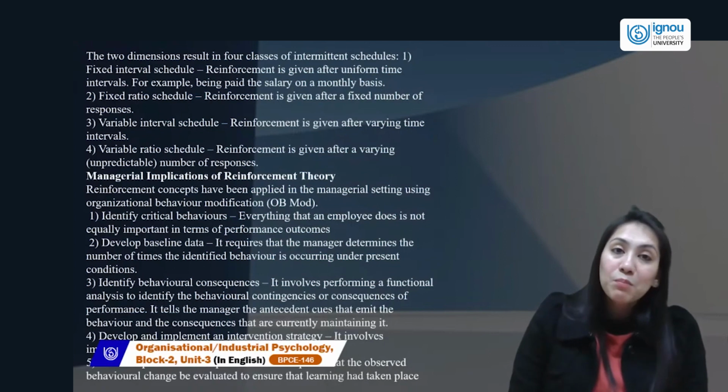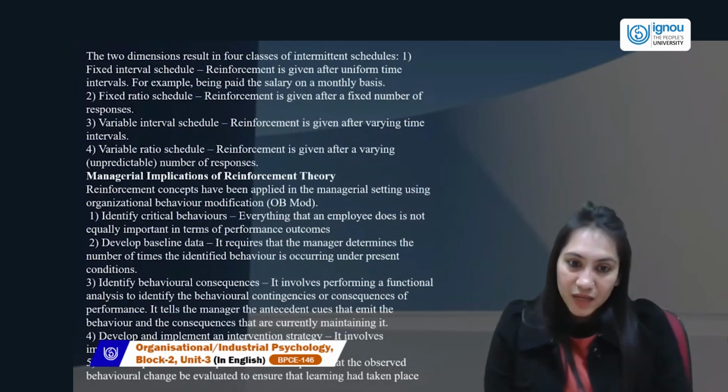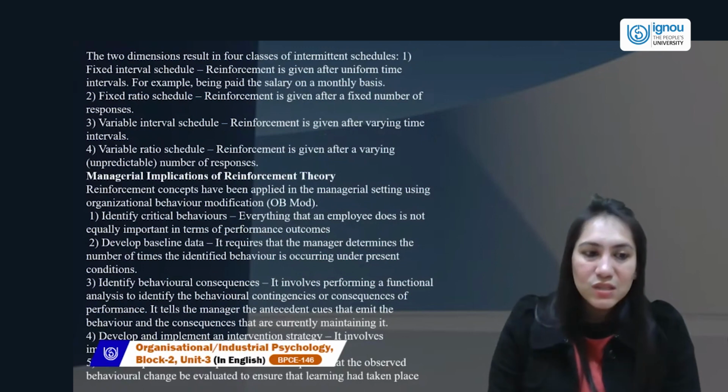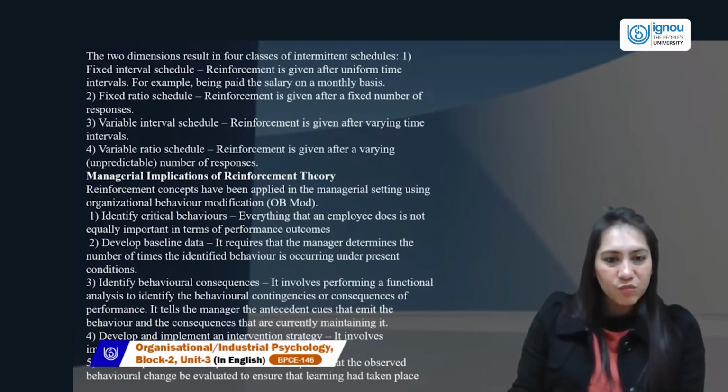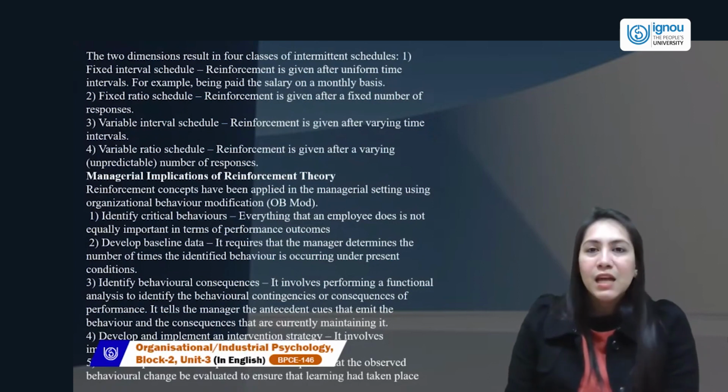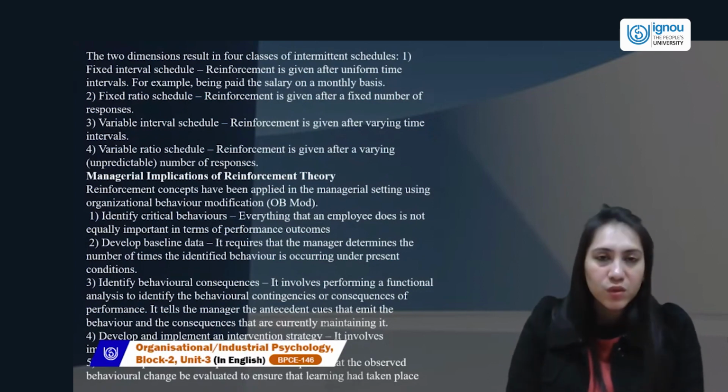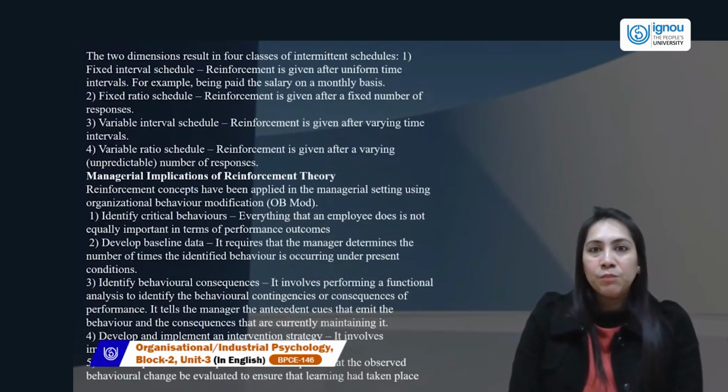Then develop baseline data. Baseline requires that the manager determines the number of times the identified behavior is occurring under the present condition. So it's like finding out how many times my employee is doing this kind of behavior under these circumstances. I've seen a lot of employees under stress start doing their work very slowly.